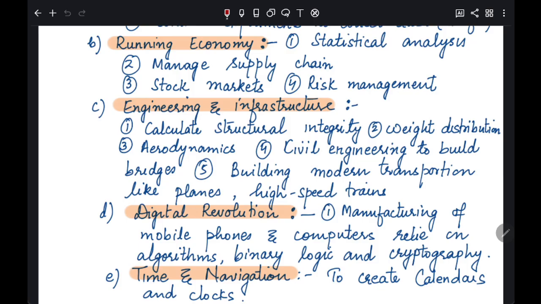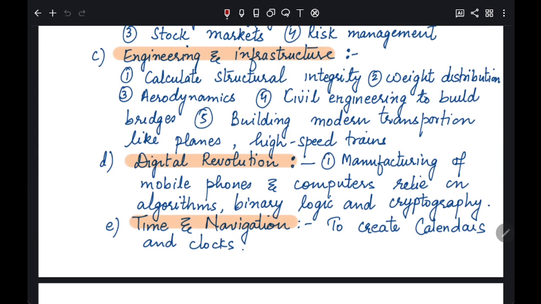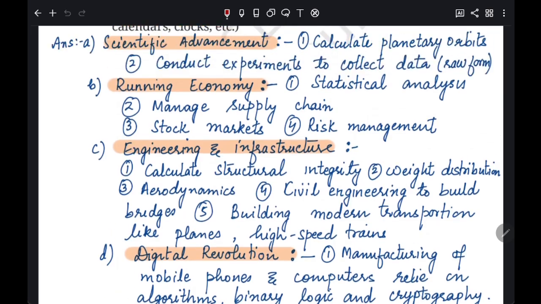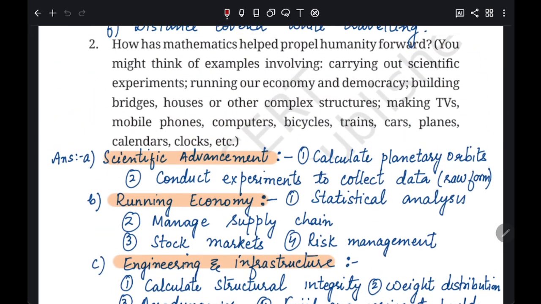Engineering and infrastructure: calculate structural integrity, weight distribution, aerodynamics while making aeroplanes, civil engineering to build bridges, building modern transportation like planes, high-speed trains. Digital revolution: manufacturing of mobile phones, computers rely on algorithms, binary logic where we have zeros and ones, cryptography, as already I have told you. Time and navigation to create calendars and clocks. All these help in propelling humanity forward.